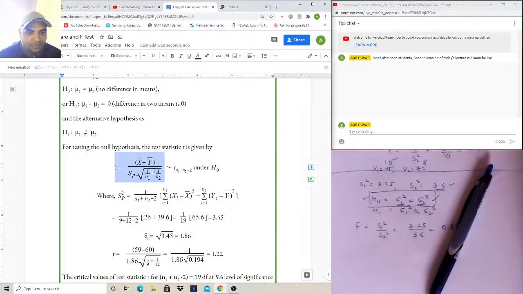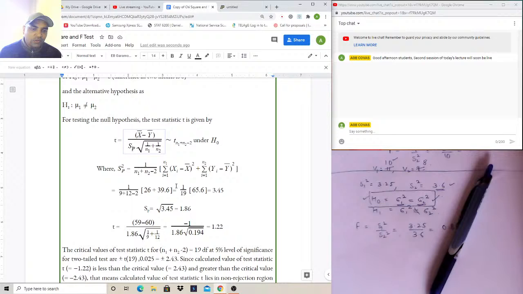So this t-test will be calculated using this statistic. That is, we will calculate the pooled standard deviation, and by putting this pooled standard deviation in, we will calculate the value. This pooled variance can be calculated using this formula: 1 upon n1 plus n2 minus 2, already discussed in the previous lecture, times the sum of xi minus x bar whole square plus yi minus y bar whole square.